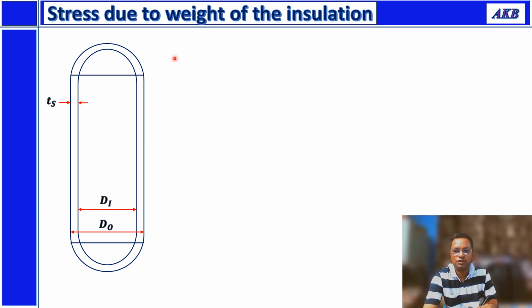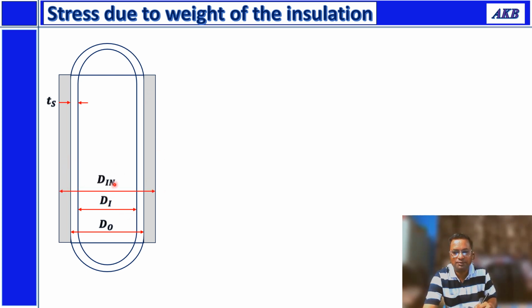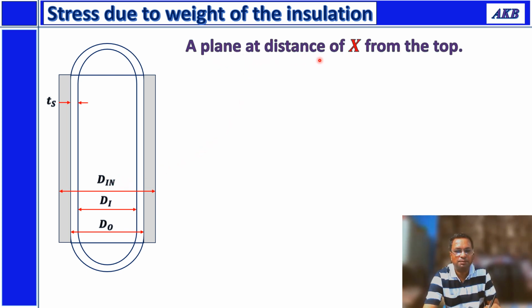Then let us talk about the stress induced due to the weight of the insulation. Again I am showing you the column with outer diameter dO, inner diameter di, thickness Ts, and now we are considering the insulation. The insulation diameter, let us denote it as din. Again we consider a plane at a distance of x from the top.